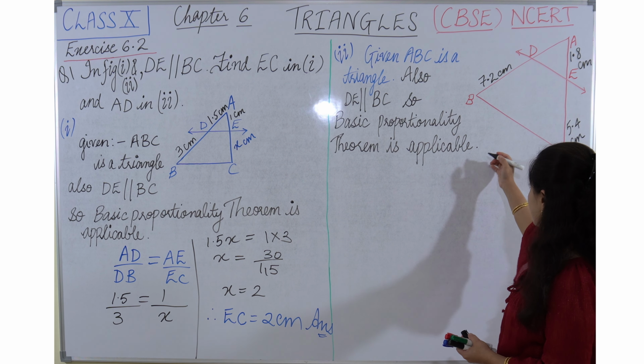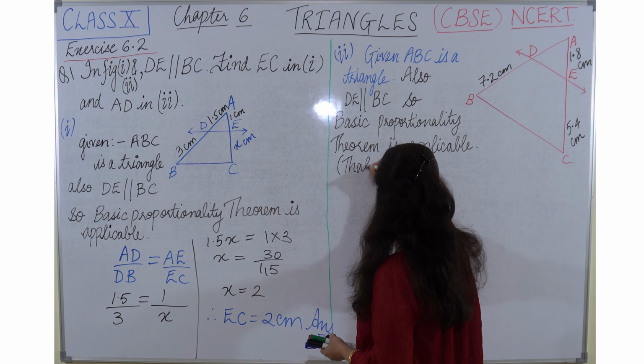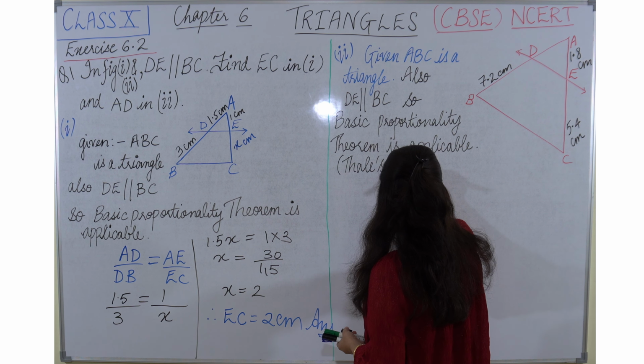The basic proportionality theorem is also known as the Thales theorem. Let us apply the basic proportionality theorem over here. In the second part, we need to find out AD, so let us assume AD to be equal to X for our understanding.